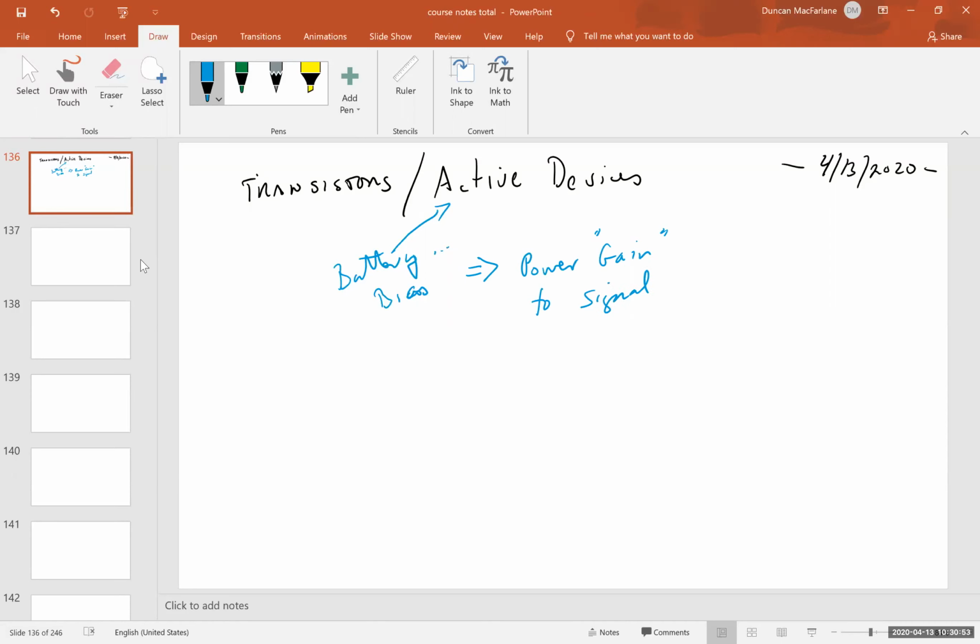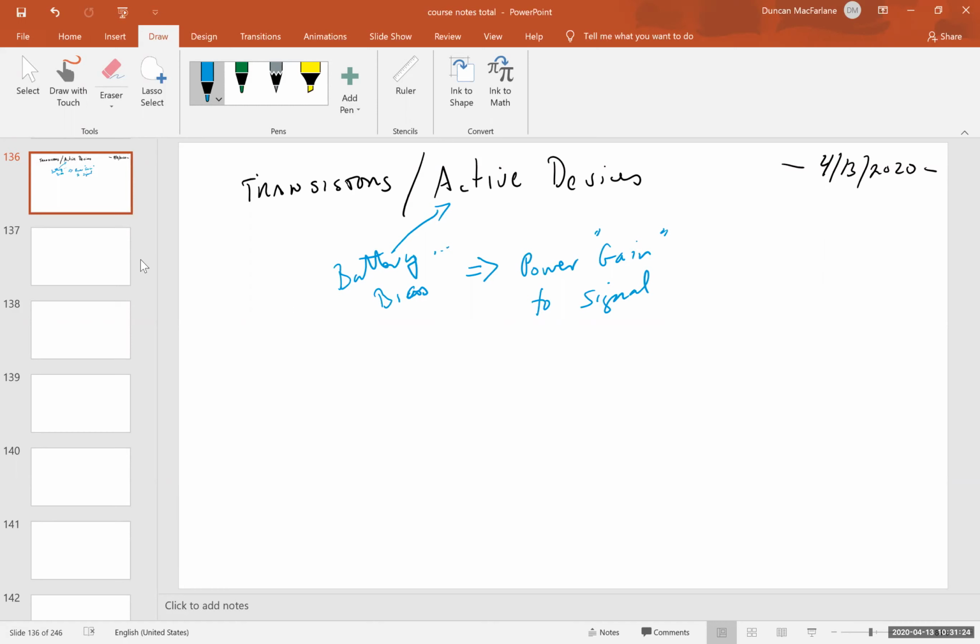So if I put an active device in my RC circuit that I just did, I can raise my pass band from 0 dB to say 20 dB, or I can raise the output signal from 1 to 100. And that's really, really useful, because then I can distribute that 100 units of signal across more circuits.